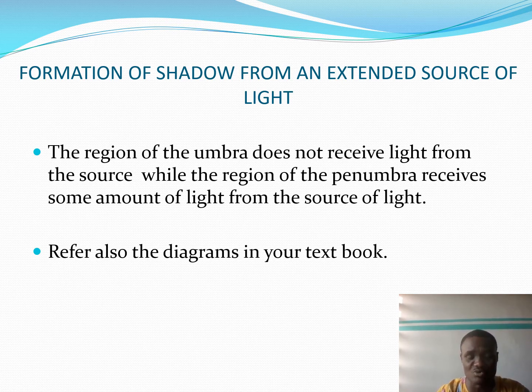If you look at your textbook, you see that the shadow formed by a point source of light and that of an external source of light are there. Read and observe the image. So let's look at this one again. So the region of the umbra does not receive light from the source because it has absorbed part of it and has cast the shadow on the screen.